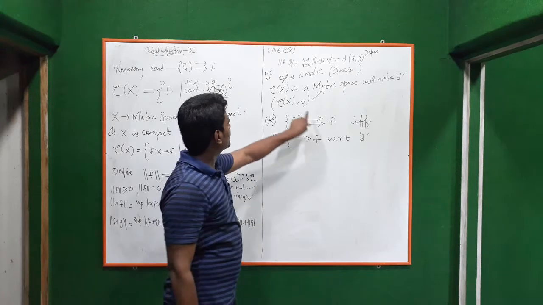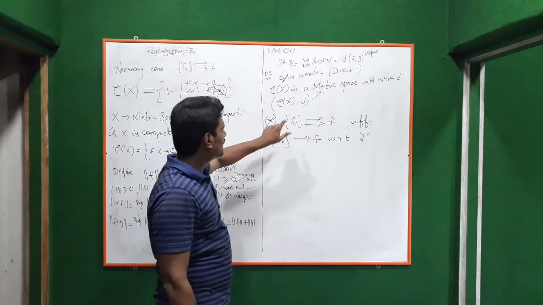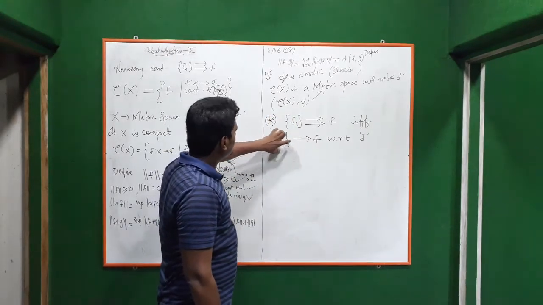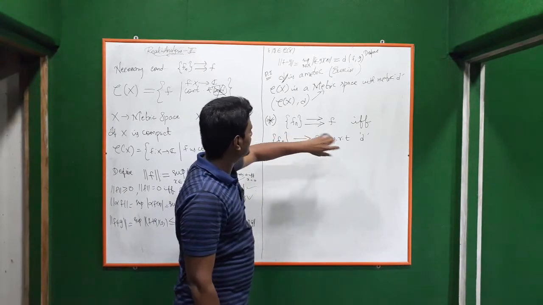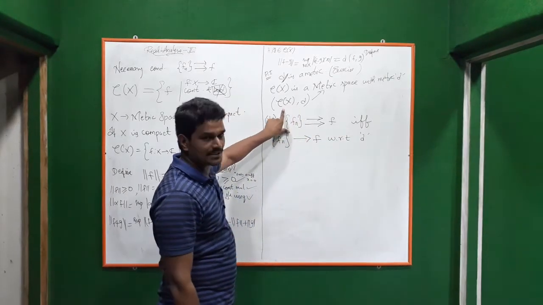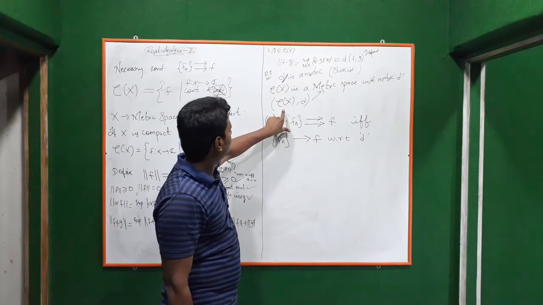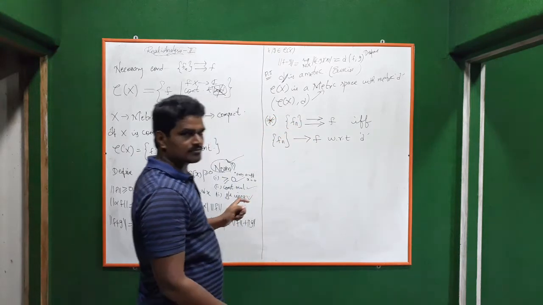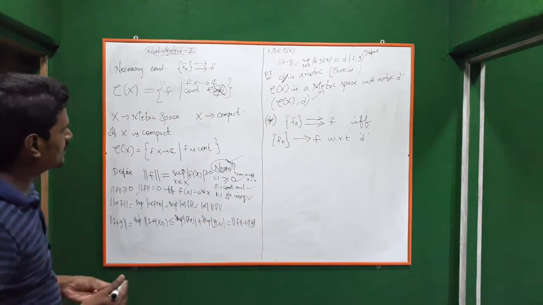This metric means what? Metric on this space. Okay, so convergence of a sequence of functions with respect to this metric on this space is equivalent to saying that convergence is uniform. That's it.